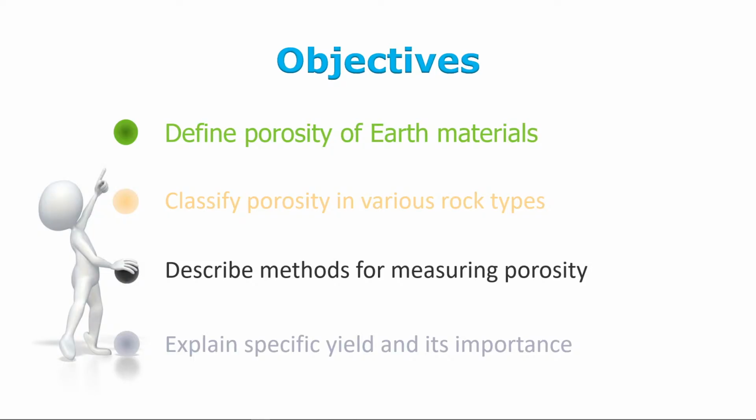You should also know the difference between primary and secondary porosity, and have a feeling of the porosity of different subsurface material, like sedimentary material, metamorphic or volcanic rock. You should be able to see the different porosity of these different materials, and finally explain specific yield of a sediment, rock, or aquifer, and see the importance of specific yield. Okay, so let's get started.